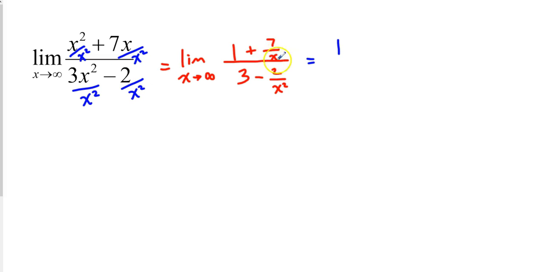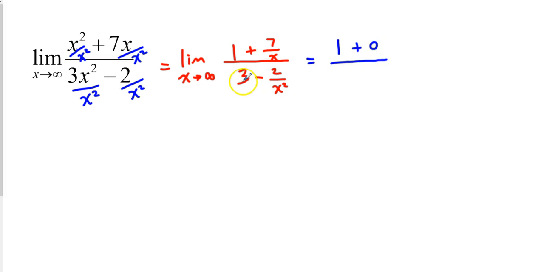Well, it's hard to consider infinity. Think about the biggest number you can think of, like 1,000,000 or something. You divide 7 by 1,000,000, divide 7 by 1,000,000,000. It's getting really, really close to 0. Let's basically say that's a 0 right there. As x gets close to infinity, that gets close to 0.